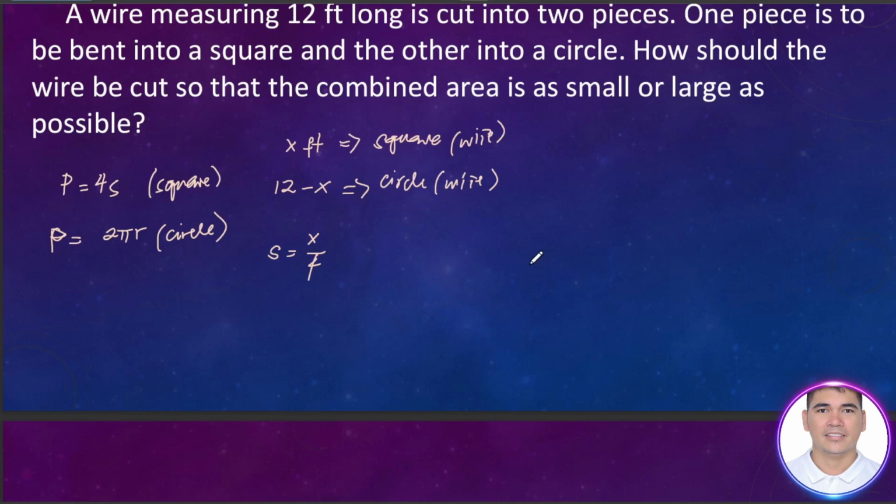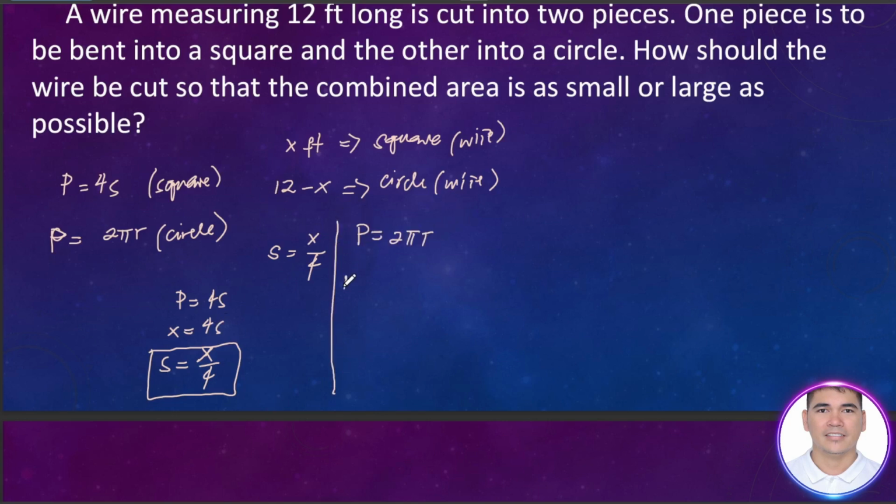To make this clear, we have P equals 4s, so instead of P we use x, and the side is s equals x over 4. That is for our square. And for the circle, our perimeter is 12 minus x equals 2 pi r. Now find r, the radius. We get r equals 12 minus x all over 2 pi.